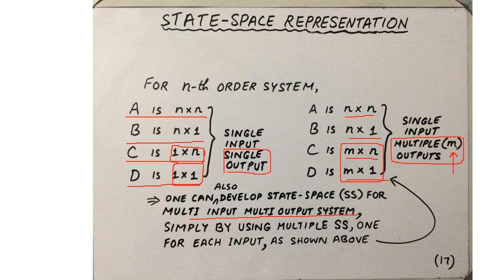We can simply develop multiple state space representations, one for each input. So if we have a multi-input and multi-output system, you derive the state space representation for each input. Let's say you have k inputs. You develop k state space representations of this form.